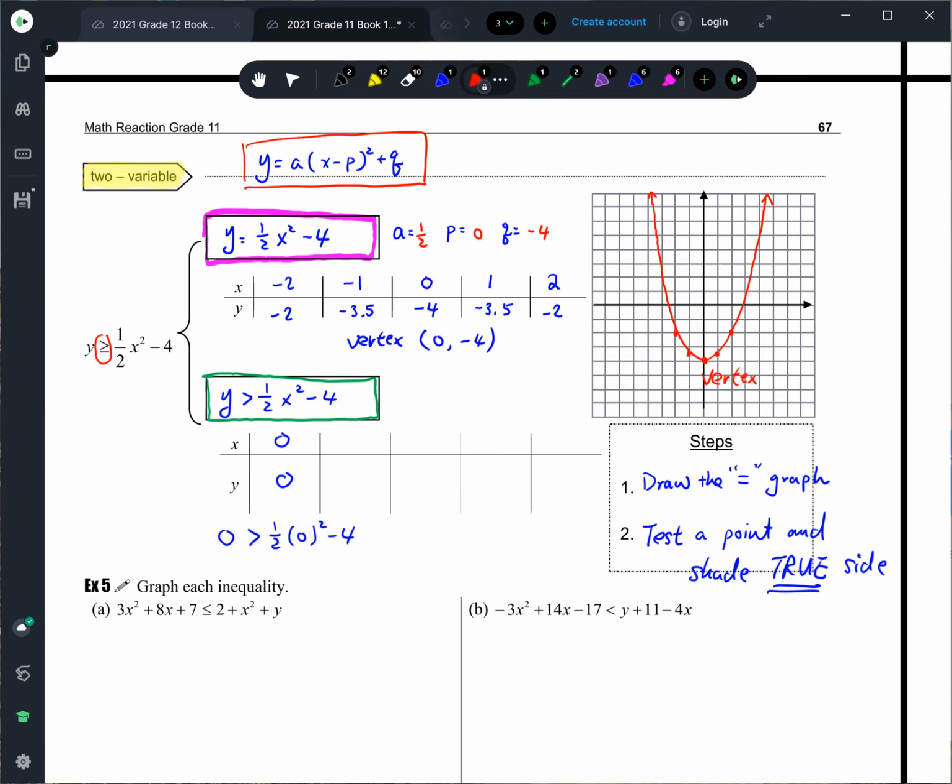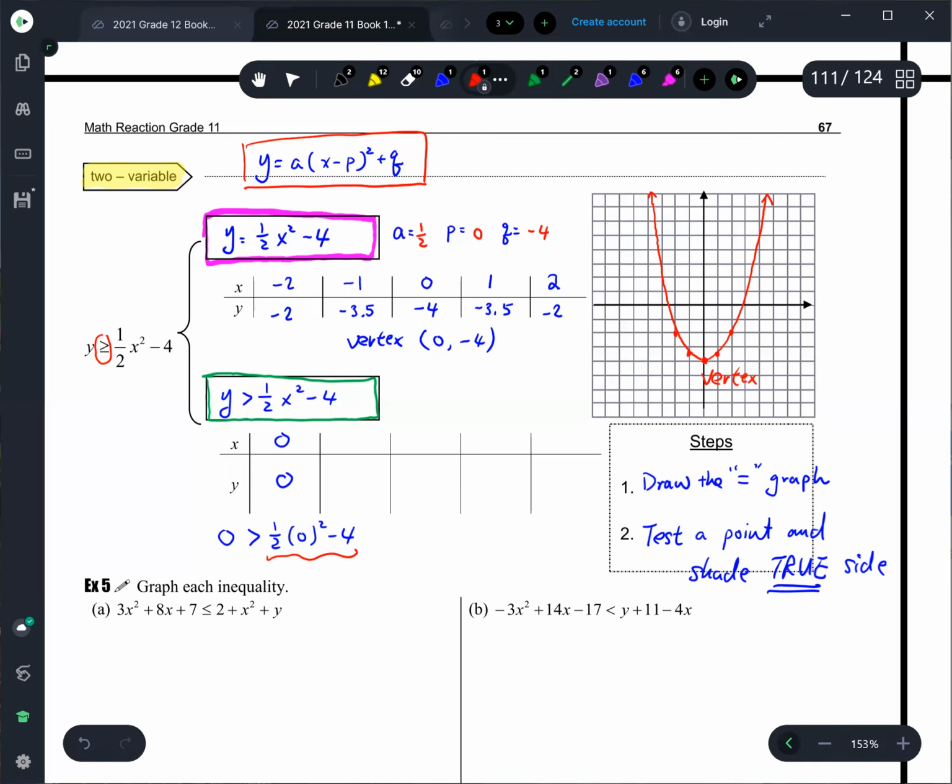Mr. Jason, I'm a bit confused. If it says y is bigger than, how do you calculate that? Oh, you don't need to calculate the greater than. You calculate the answer from the right side. What does it equal?